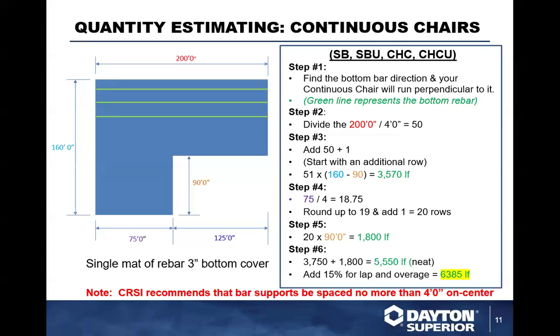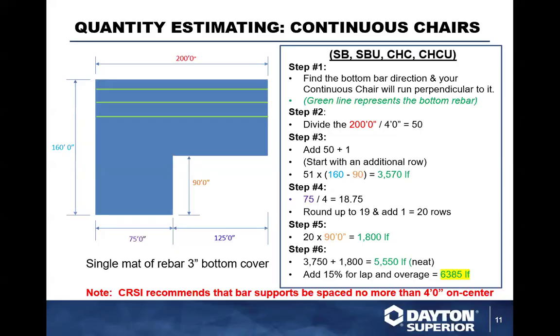So I'm going to round it up to 20 rows. So 20 rows times 90 feet is going to take care of my 1,800 lineal feet for the lower left-hand part of the slab. And then for the rest of the slab, I'm going to need approximately 5,500 lineal feet in place here.